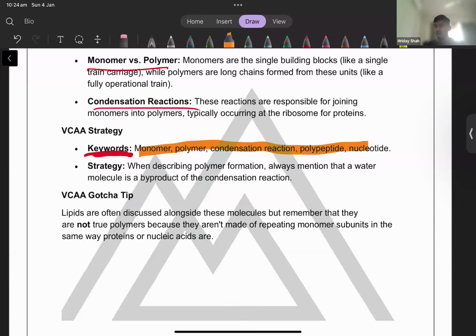If you've written an entire response and used none of these keywords, the chances are you've probably gone a little bit off topic, and even if you have hit the right idea, the examiners are looking out for these keywords to give marks. So you might still be missing marks without using keywords.